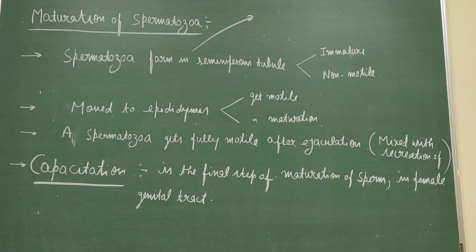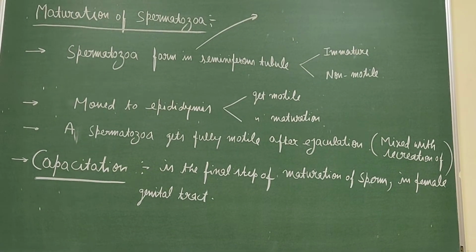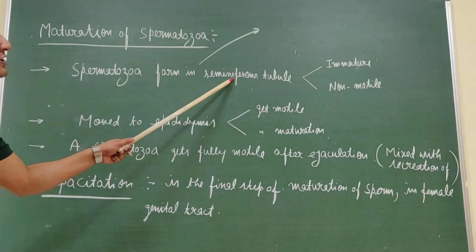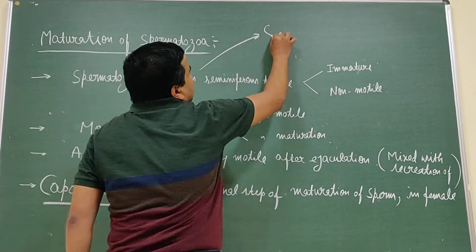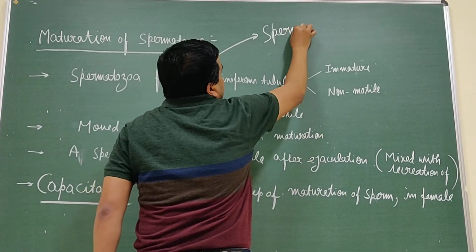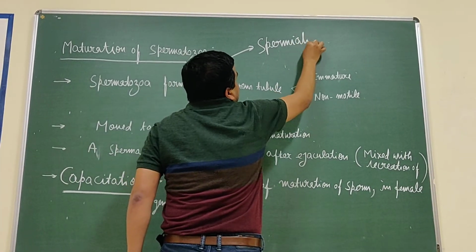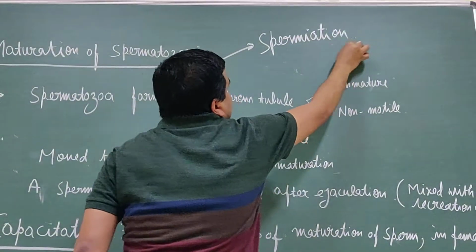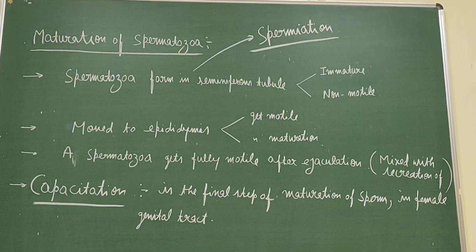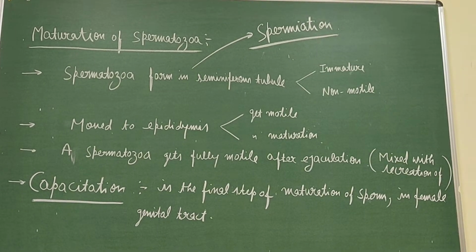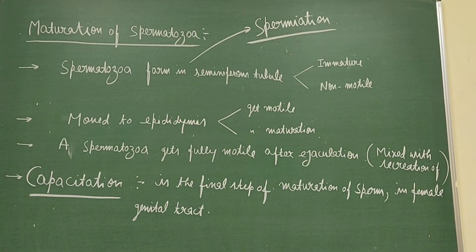It has a lumen. So this spermatozoa is released into the lumen, and this is known as spermiation. The release of the spermatozoa into the lumen of the seminiferous tubules is known as spermiation.